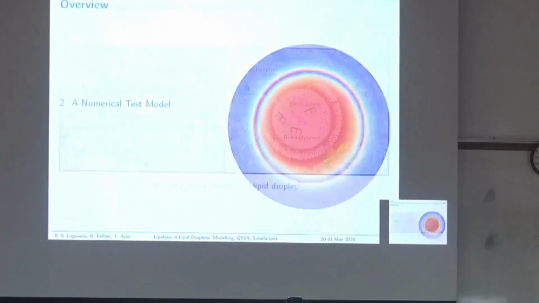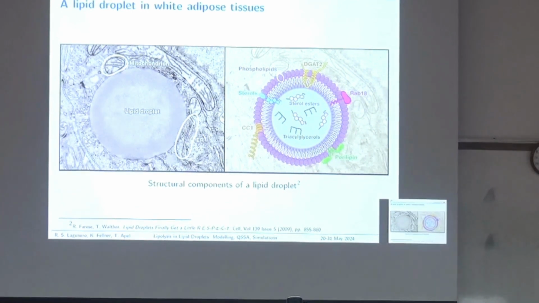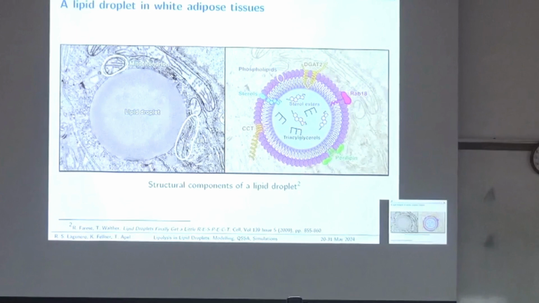In this first test model, this is an example of a lipid droplet. This is a cytoplasmic image of a lipid droplet in the body. You see this very nice spherical shape, let's say 3D, and you have your mitochondrion and endoplasmic reticulum and some other parts of the cell.